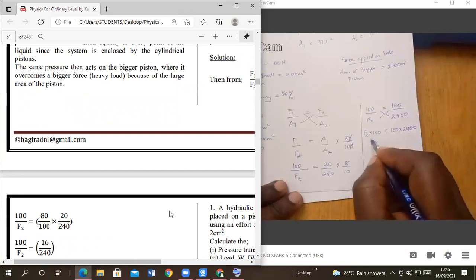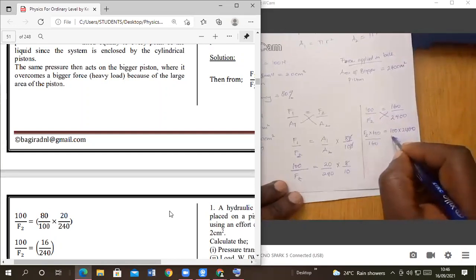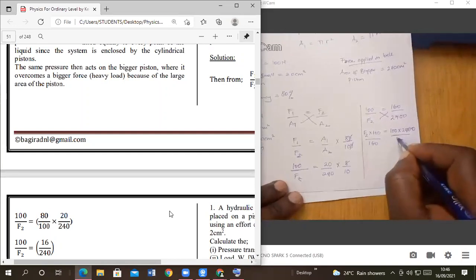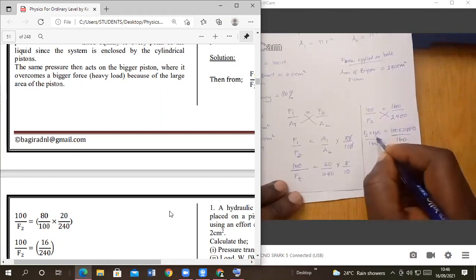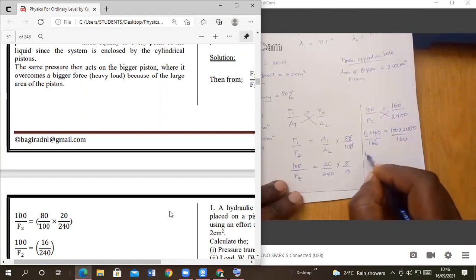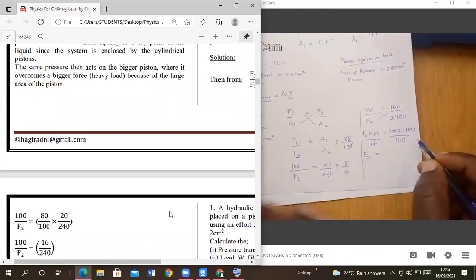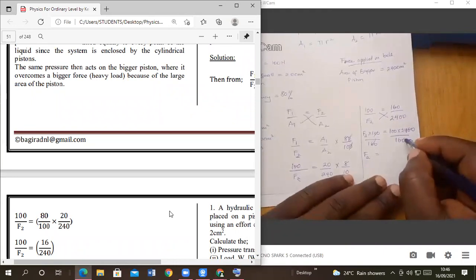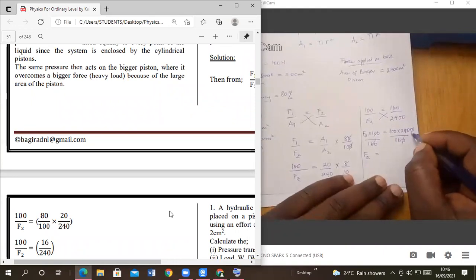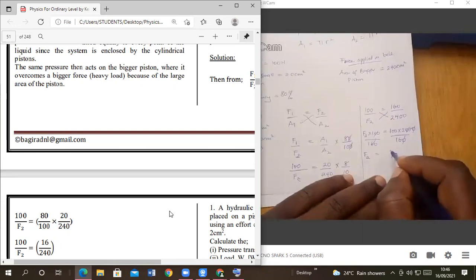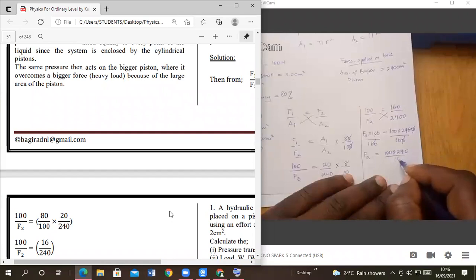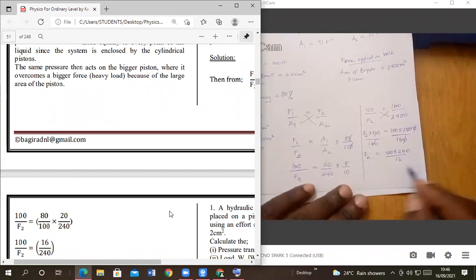So when we divide by 160, we shall have F2 is equal to, this 0 can go with this, and we shall remain with 100 times 240 out of 16.